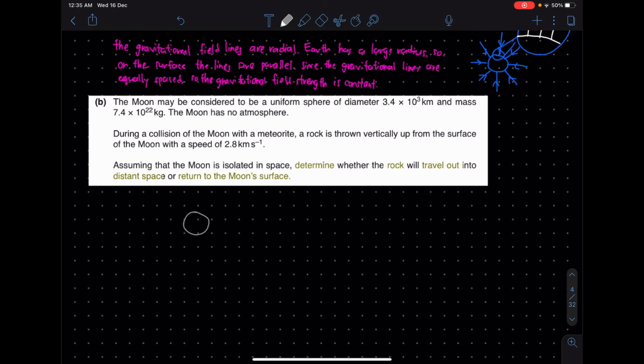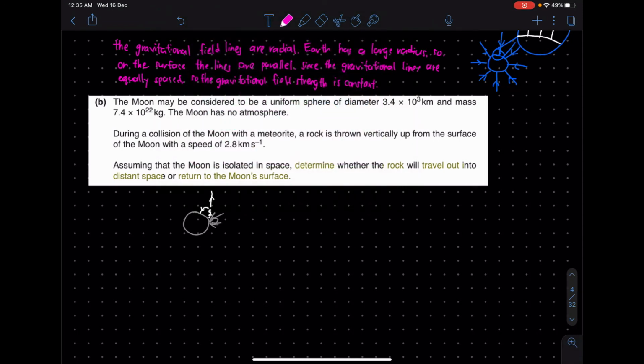Now a meteorite collided here, and then there is a small rock here that flew out. The rock flew out with a certain speed, which is 2.4 kilometers per second, and now we're thinking about whether the rock will just go in its own path and fly off, or if it will come back down to the moon by gravity.